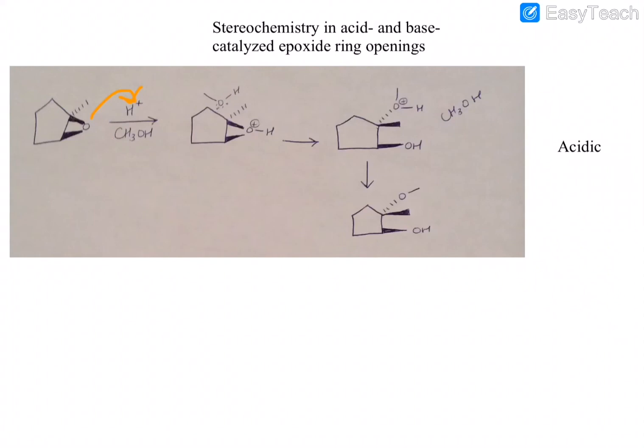So because we're in acidic conditions, methanol will attack the more substituted center and kick off the original oxygen. At the electrophilic center, stereochemistry is inverted, and because it's a backside attack, the methanol is added with a wedged bond, and then the methyl group that's left is shown in the front with a wedged bond.